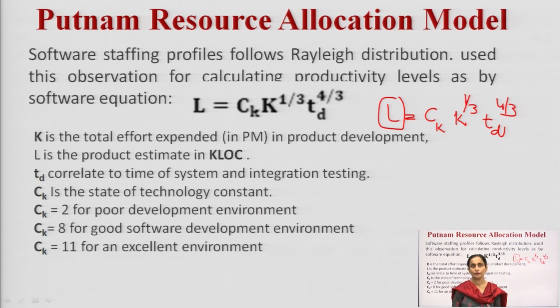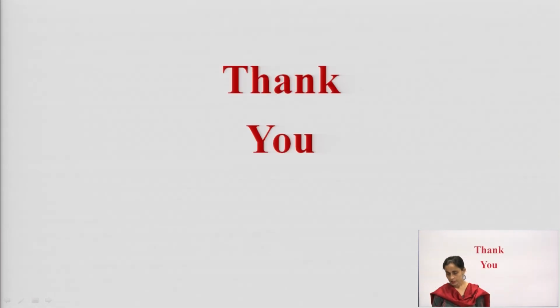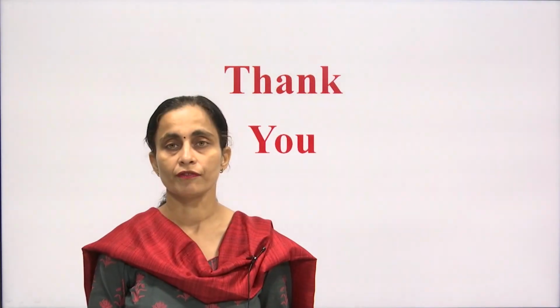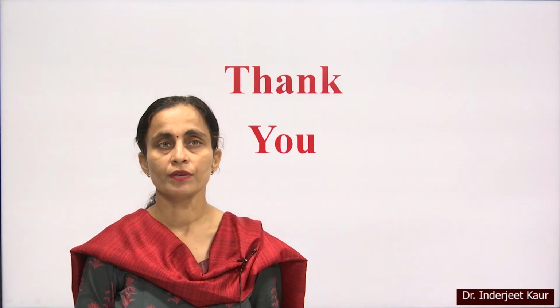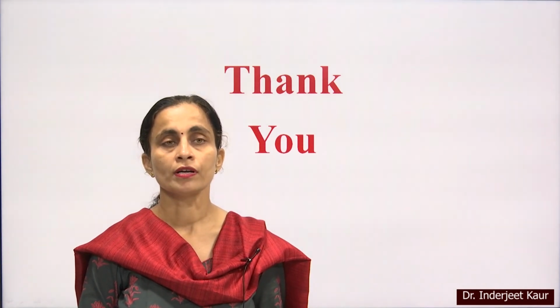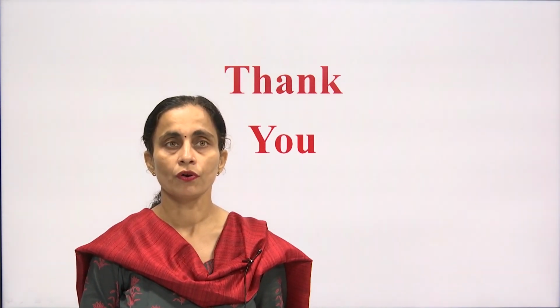The value of Ck ranges from 2 to 11: 2 is for a poor development environment, 8 is for a good software development environment, and 11 is when I have an excellent environment. So, with this formula, I will be calculating the product estimates in KLOC. So, this was all about cost estimation models, COCOMO 81, COCOMO 2 and the Putnam resource allocation model for estimating the software cost. Thank you.